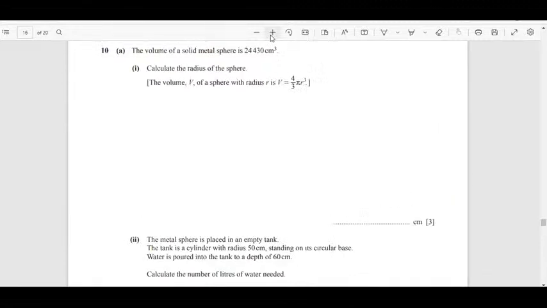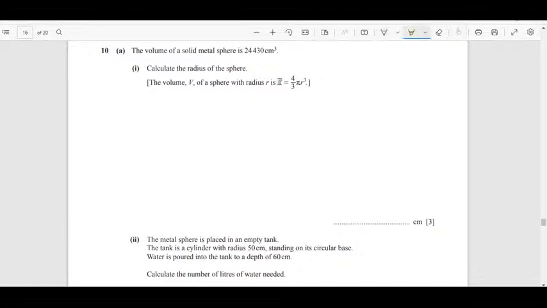Okay. So it says the volume of a solid metal sphere is 24,430 centimeter cubed. Calculate the radius of the sphere. Now it is easy. The formula for volume is given.